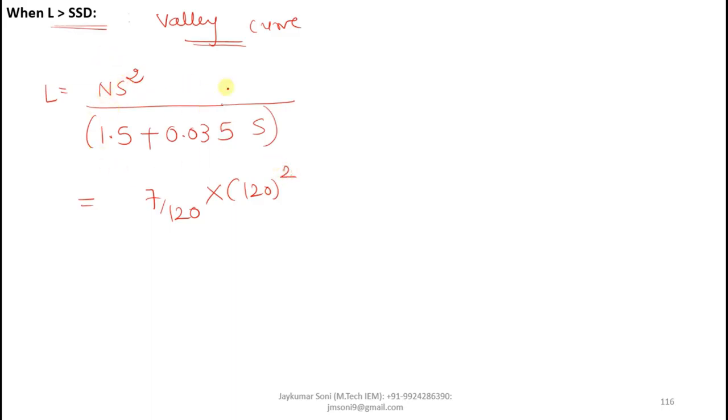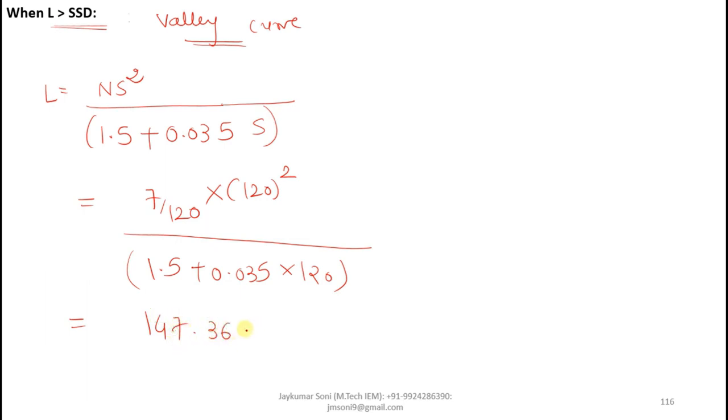Whenever you are putting the values over here, you need to take it as a positive value. 1.5 plus 0.035 and the value of S is 120. So it will be 147.36 meter. If we consider L more than SSD, then the length of valley curve will be 147.36.